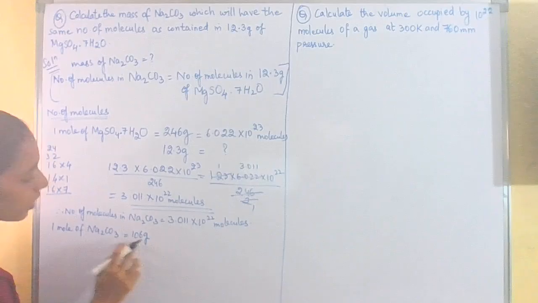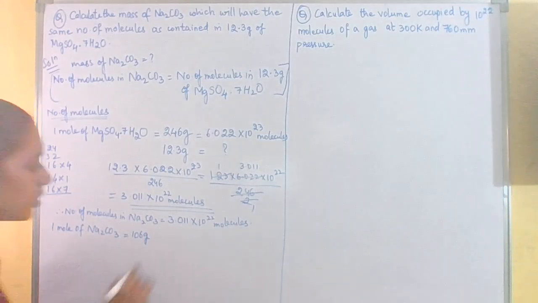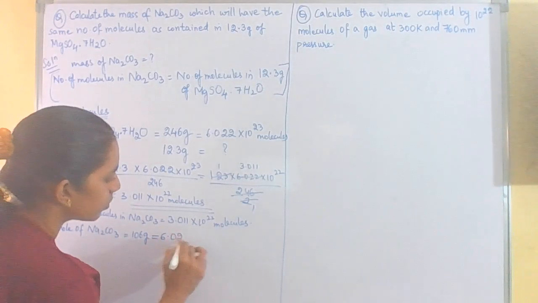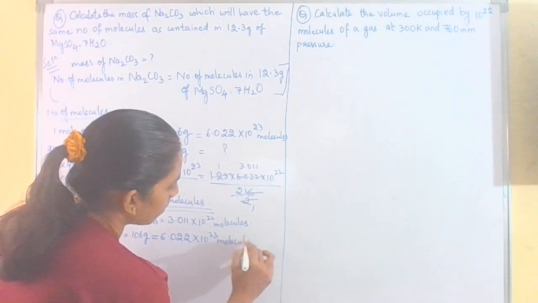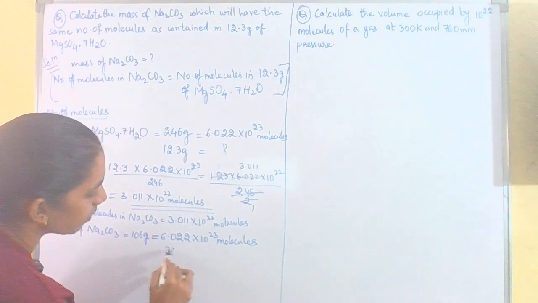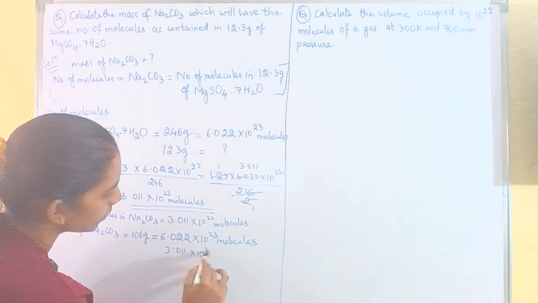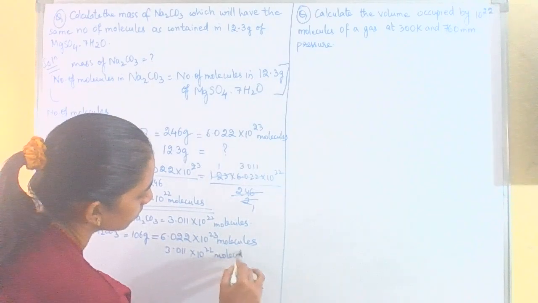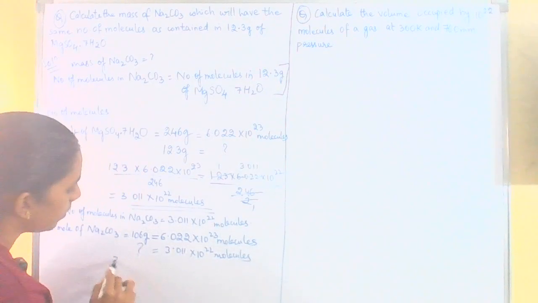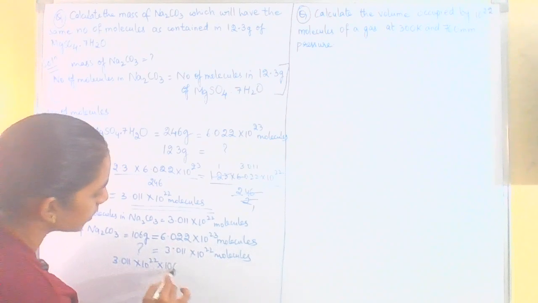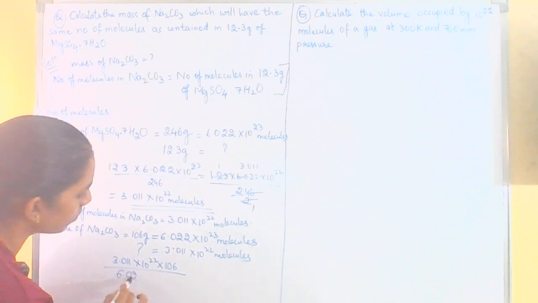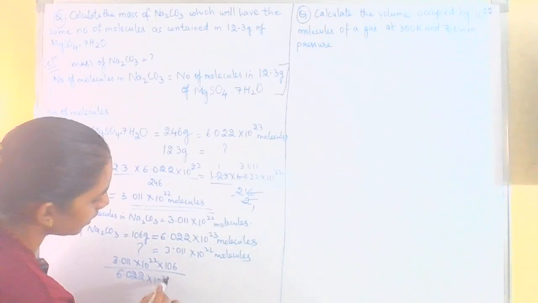This is the gram molecular mass of Na2CO3, which is equal to 6.022 into 10 to the power 23 molecules. Then what will be the mass of 3.011 into 10 to the power 22 molecules? 3.011 into 10 to the power 22 into 106 divided by 6.022 into 10 to the power 23.